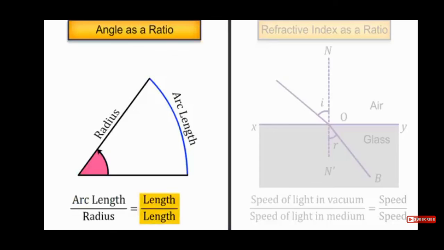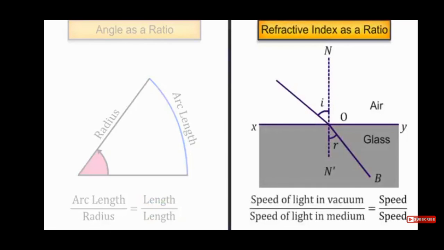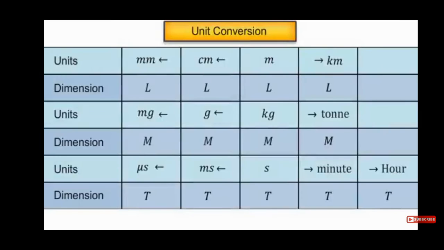The ratio of similar quantities results in a pure number, which is again dimensionless. For example, angle is the ratio of arc length to radius, which is length divided by length.